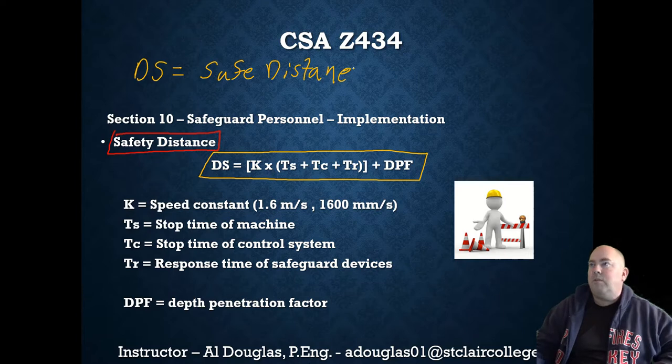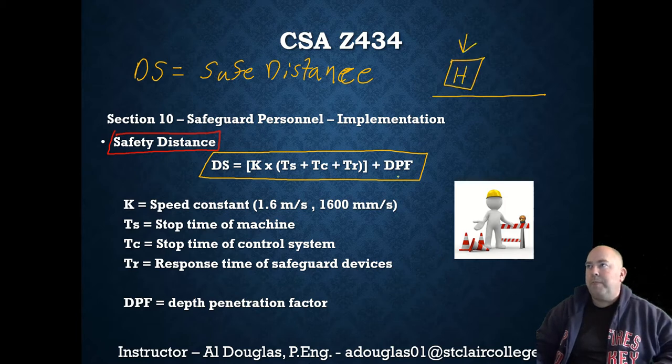Now when we say safe distance, we mean we have a hazard here. I'll call that a hazard. And then we're going to put a light curtain right here. We have a light curtain here. We have a person out here.